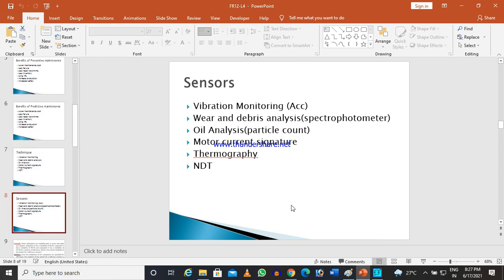What are the sensors to be used? The selection of the sensors is also very important. That part I am not covering in today's lecture, I am just giving a brief idea. Sensor selection is very important, and so is how you post process it. In my lab there is a rotor dynamic simulation system.